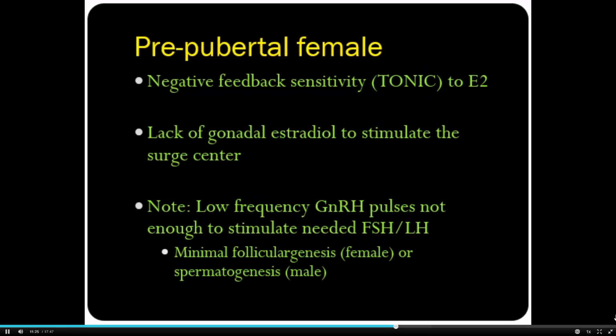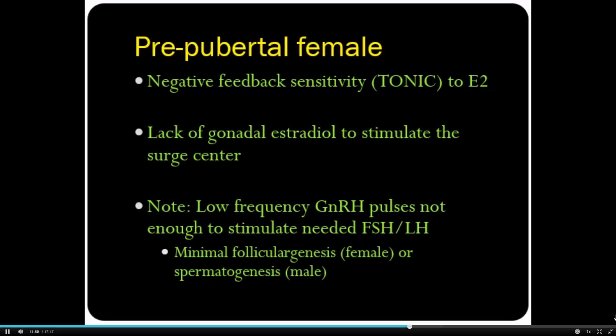That's that special note at the bottom there: low frequency GnRH pulses aren't enough to stimulate the needed FSH, LH. And if you don't have that, we're going to get very minimal follicular genesis in the female, so very little follicular growth. And from the male standpoint, we don't get spermatogenesis. So in the prepubertal female, we know there's a negative feedback.